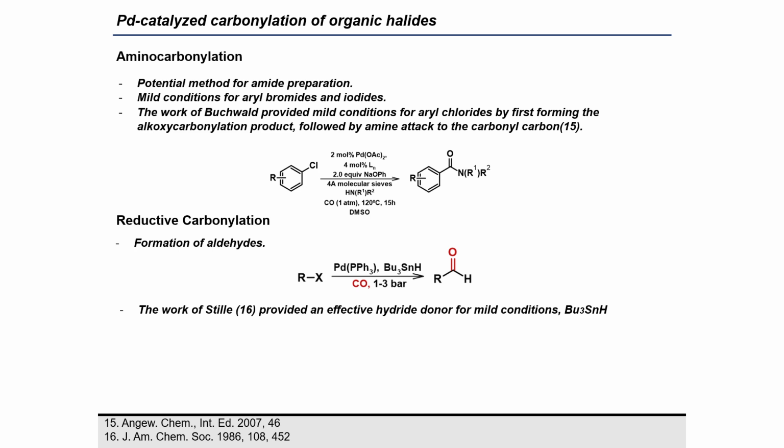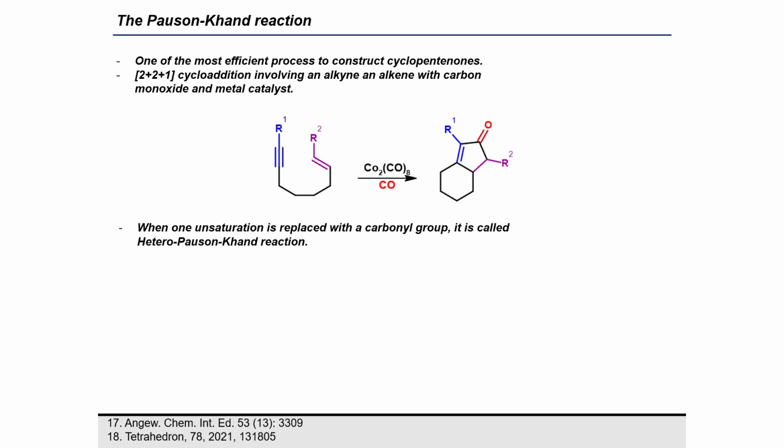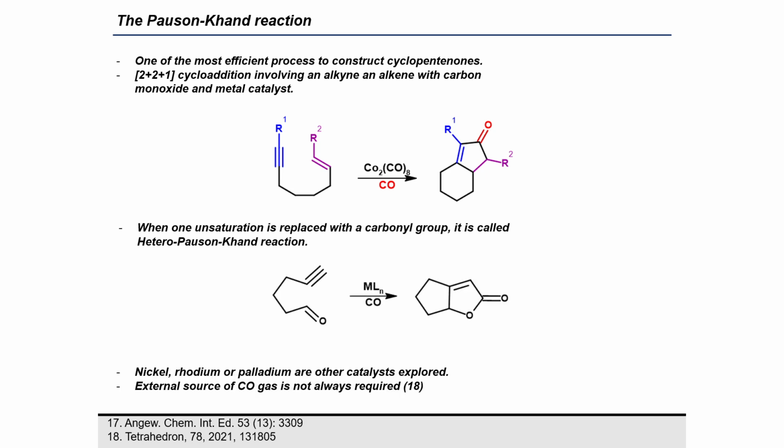Also, reductive carbonylation. This is probably the reaction with the greatest potential due to the wide range of derivatives that can be accessed from aldehydes. Especially the work of Stille provided an effective hydride donor for mild conditions, which is tributyltin hydride.